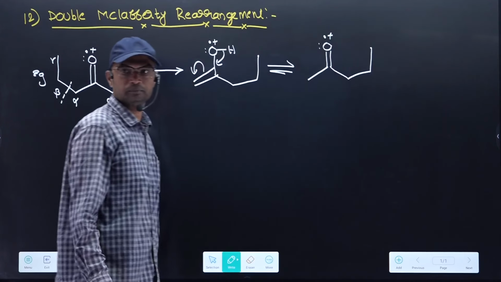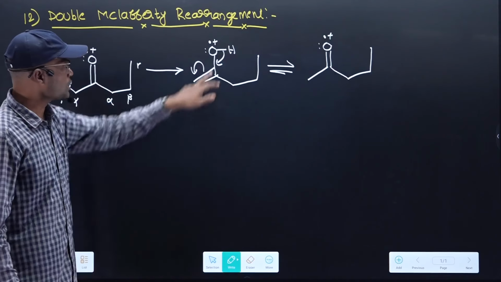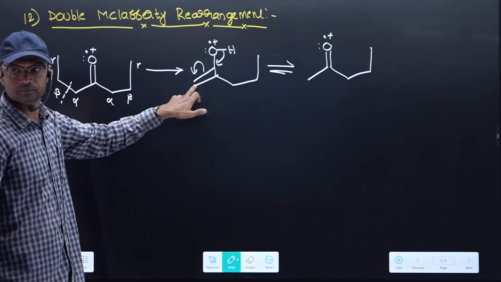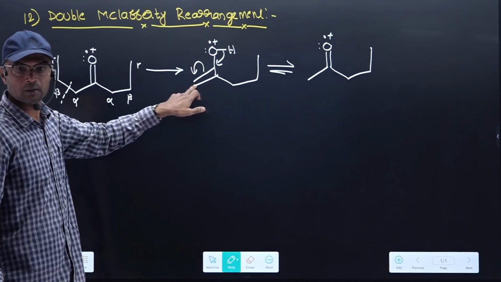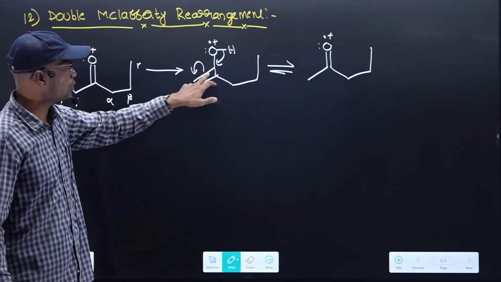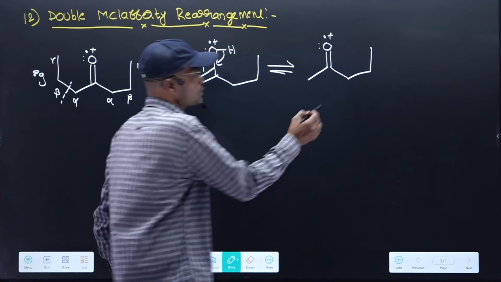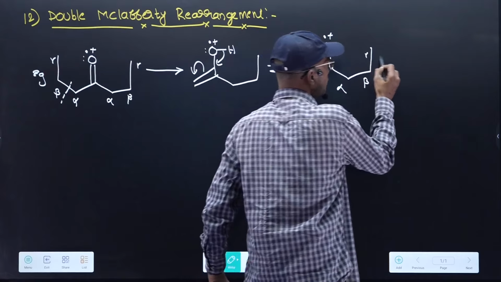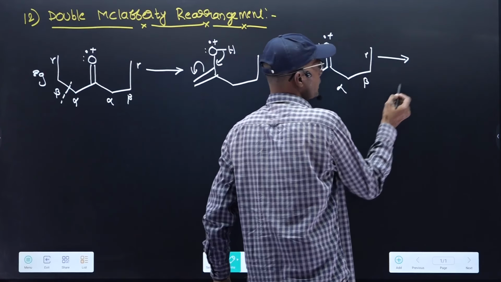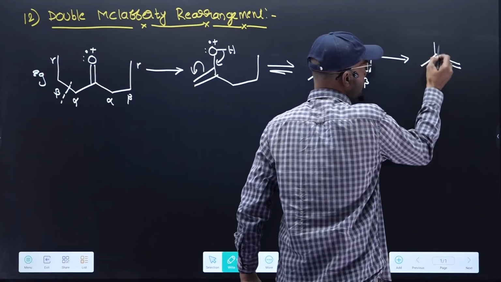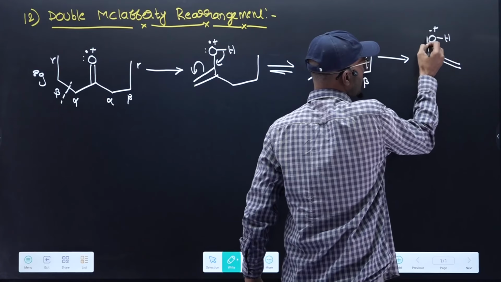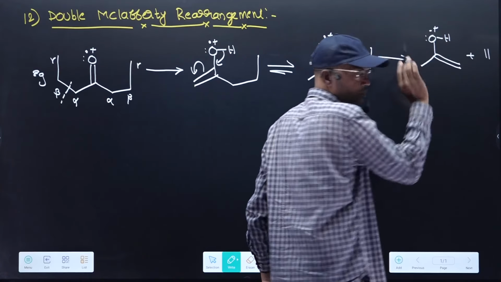One more time. This hydrogen comes from here to here. Keto-enol tautomerism. It is an enol form. Now it is a keto form. Now see this: alpha, beta, gamma. Then what is your answer? McLafferty. So can I put the double bond on the right side? And here it is OH, here radical cation, and this becomes olefin. Over.